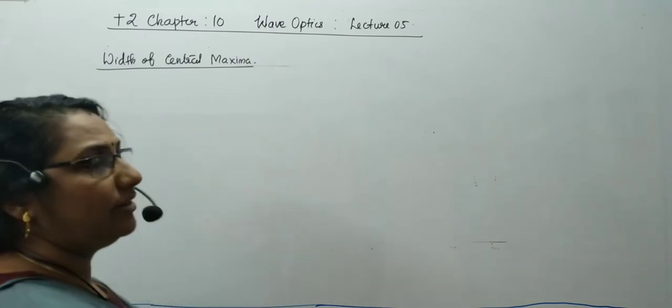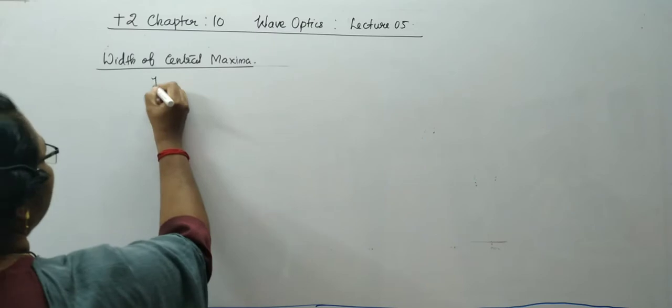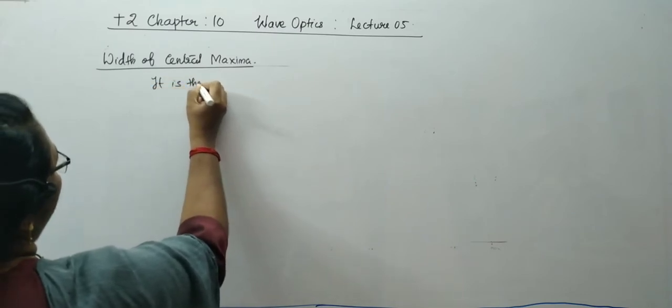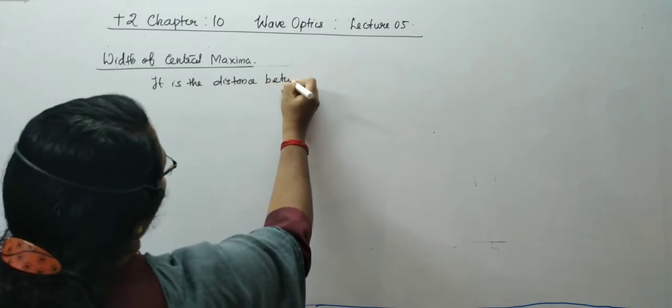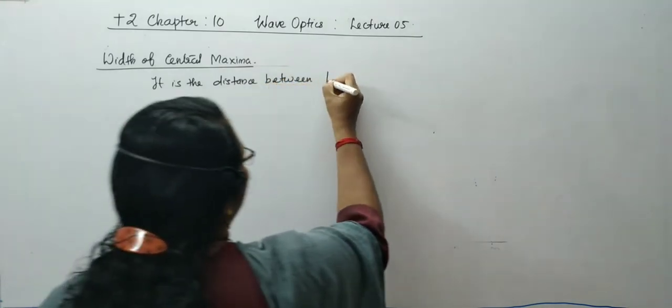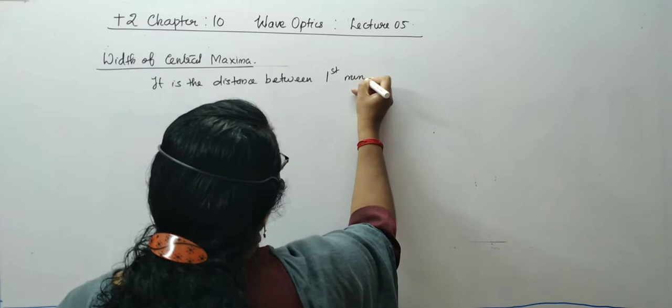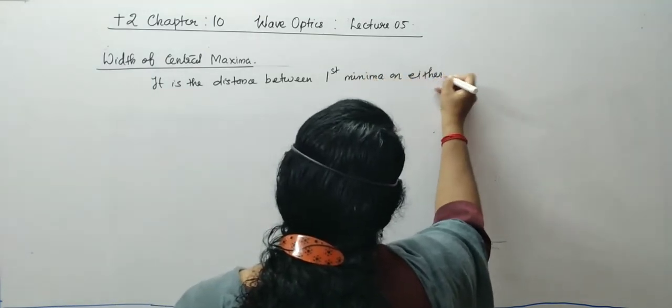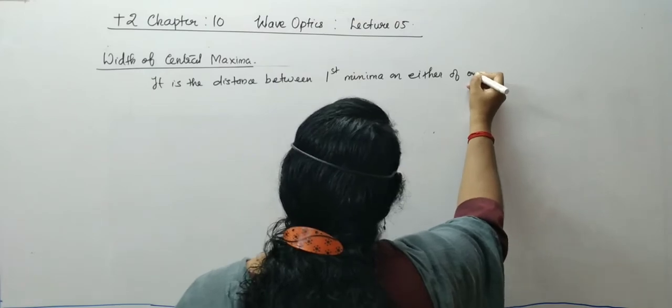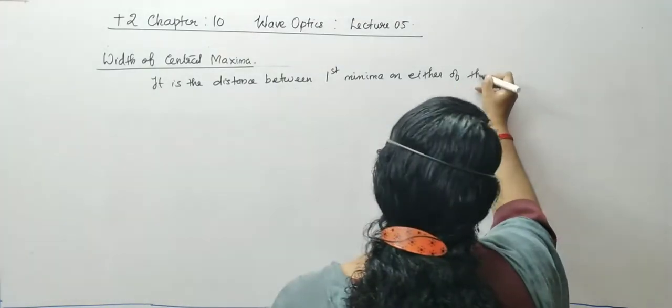So how can we define the width of the central maxima? It is the distance between the first minima on either side of the central maxima.